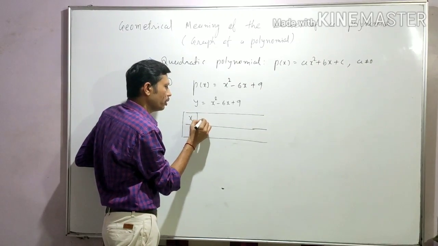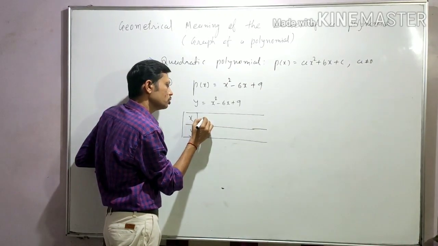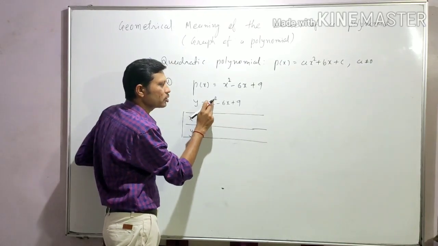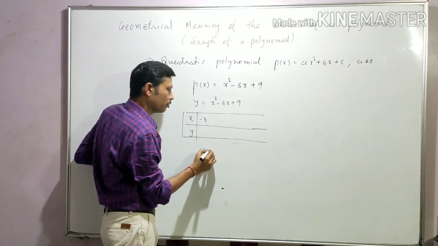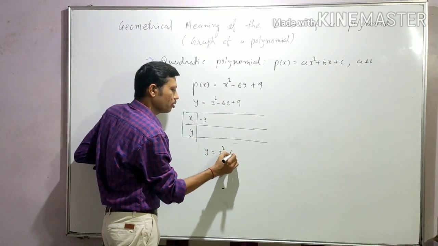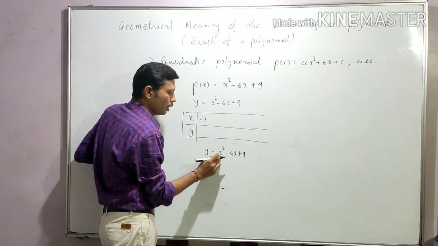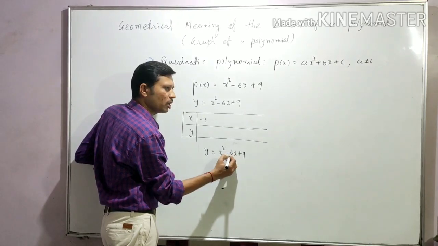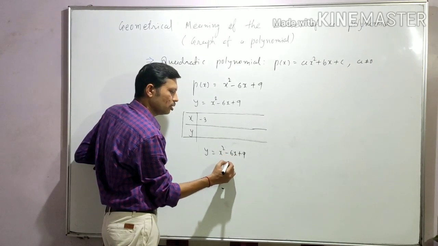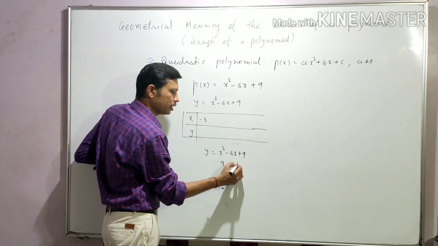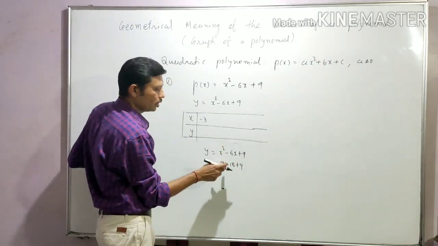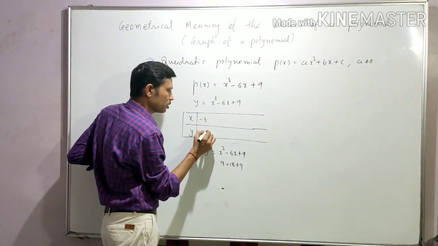Suppose I am starting with -3, for example. So here -3 the square. I am calculating it one by one. X square, -3 the square, that is 9. -3 multiplied with -6, that is minus minus plus 18, and plus 9. So 9 and 9, 18, and 18, 36.